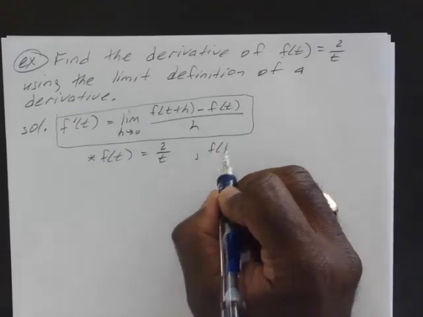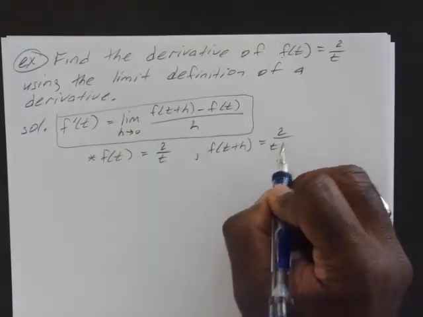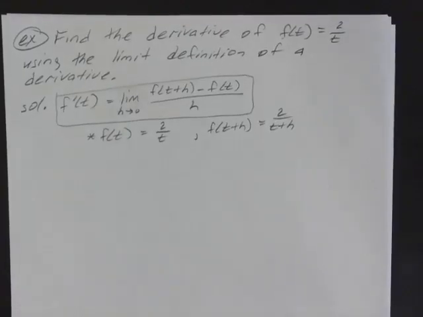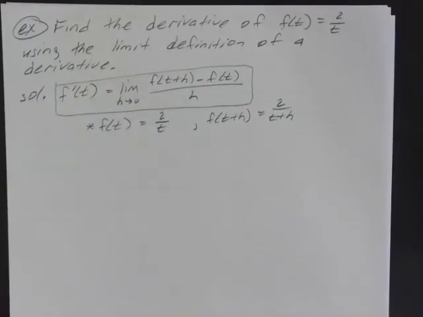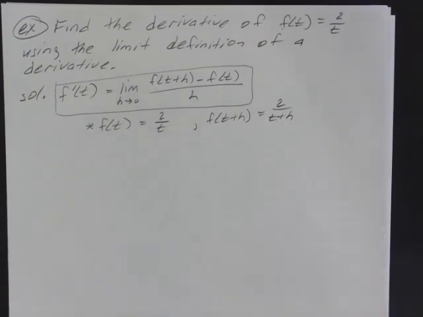And f of t plus h is just 2 over t plus h. So finding this one was a lot easier than finding the last one.